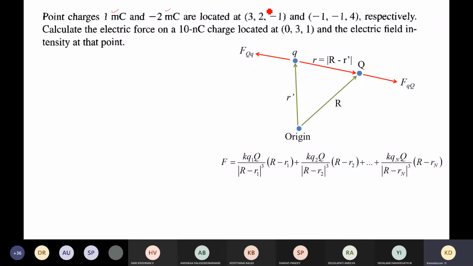We can call them P and Q. We have to calculate the electric force acting on the test charge, which has a magnitude of about 10 nanocoulomb, located at a particular point, which we can call R. And we have to calculate the electric field at the same point.